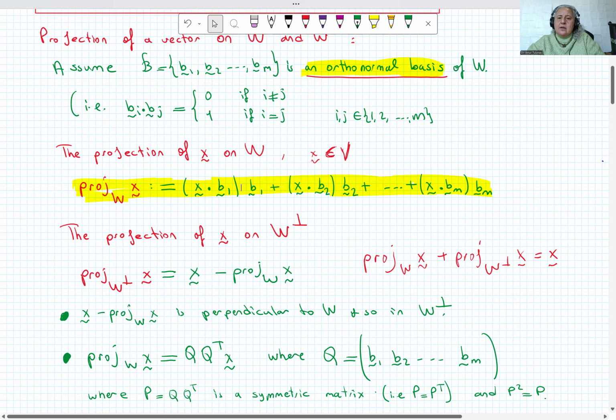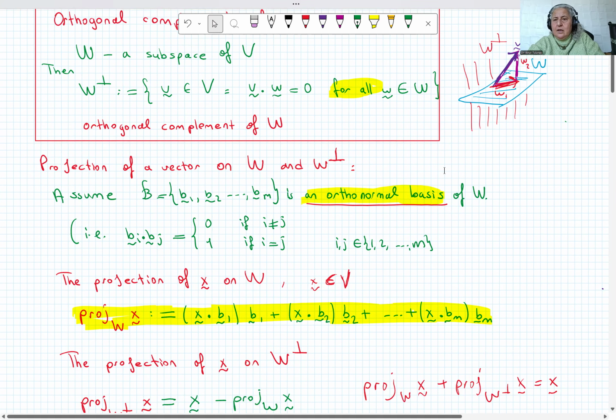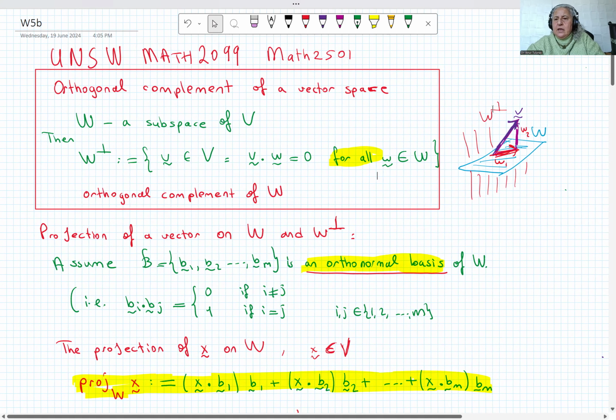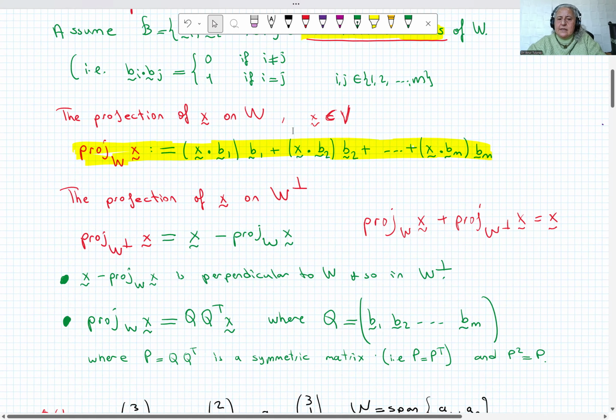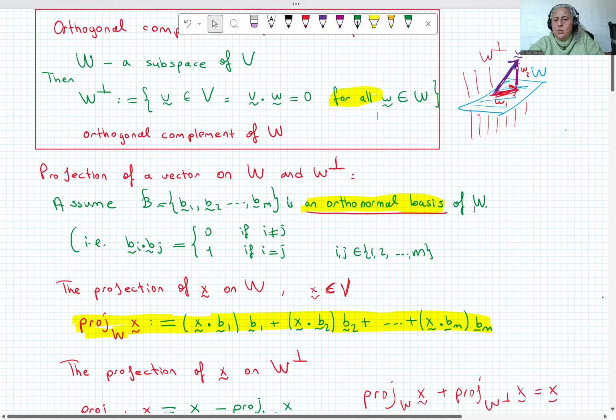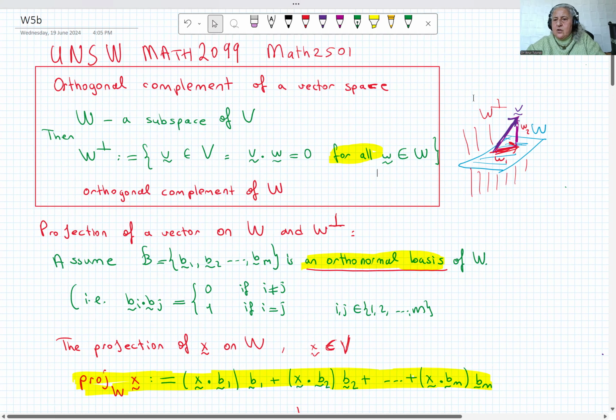If you want the projection of the vector x, or vector v, on W, and you want to look at W2, what is W2? It will be, of course, x minus the projection on W. This is consistent with this observation, because W1 plus W2 will give you V as a vector summation.